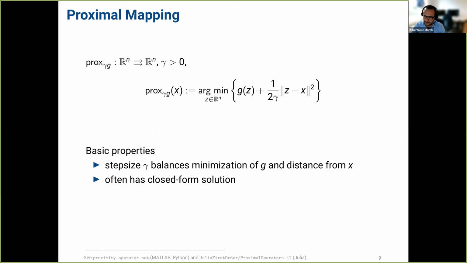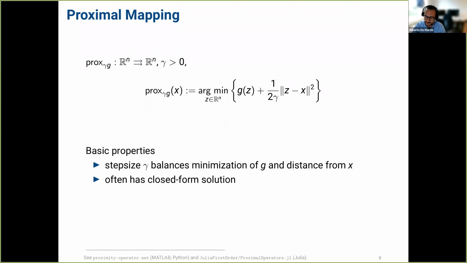Then another important feature is that for many functions, we have a closed-form solution for this problem. For example, the L1 norm, L2 norm, L0 norm, or many other functional regularizers have a closed-form solution for this proximal operator.